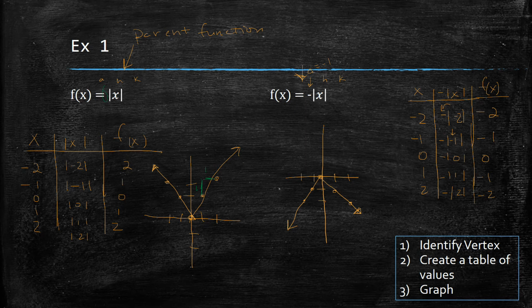Our slope is still 1 over 1, but it's up 1 here, negative direction there. So your slope here, your m, which is the same thing as your a, is going to be -1, which is what we have. So that's what the reflection looks like, okay? If it's a positive a, it's going to open towards the top. If it's negative, it's going to open towards the bottom.